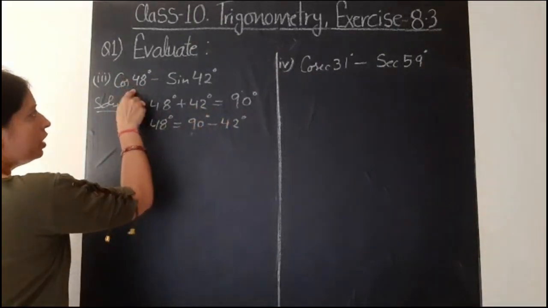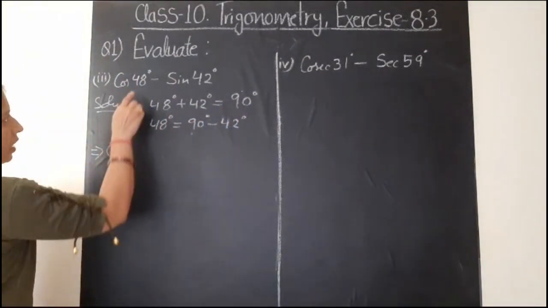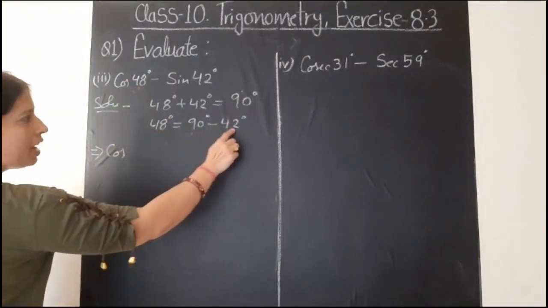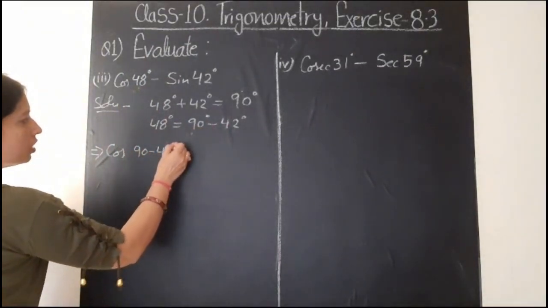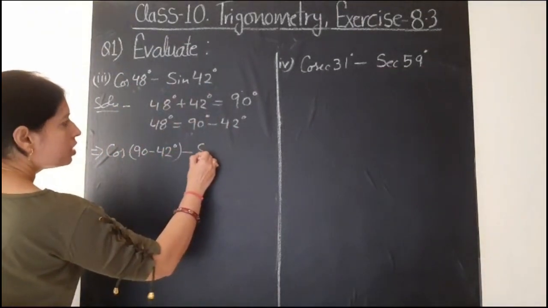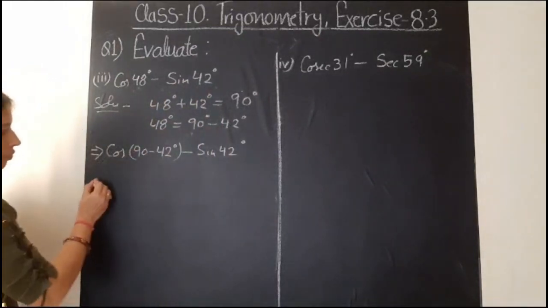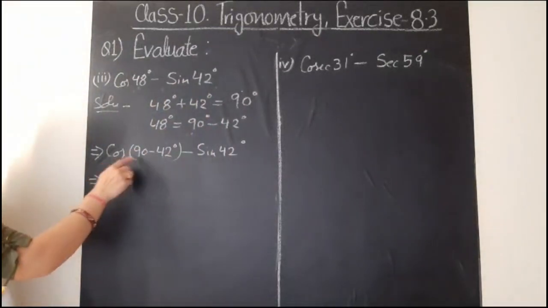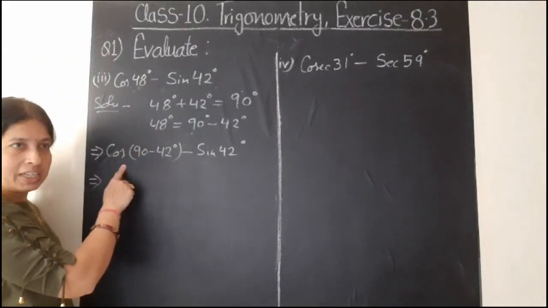So write this value here. So it will come cos, in place of 48 write 90 minus 42 degree and write sin 42 as it is, sin 42 degree. Then cos 90 minus a is equal to sin a.